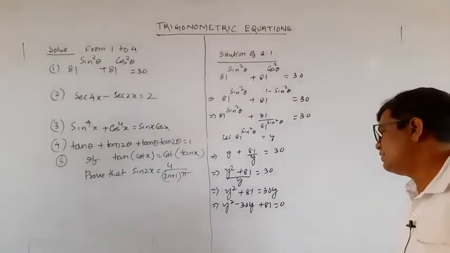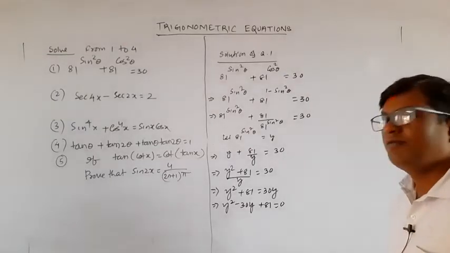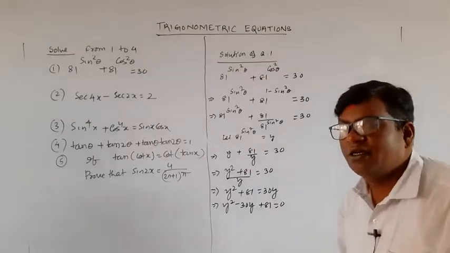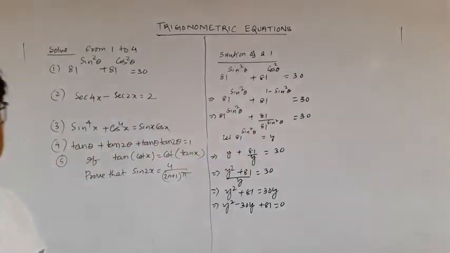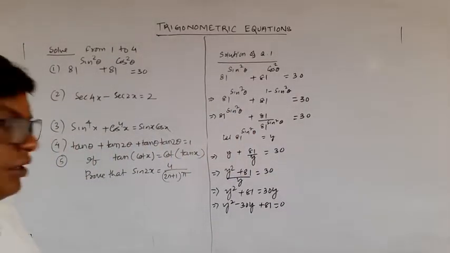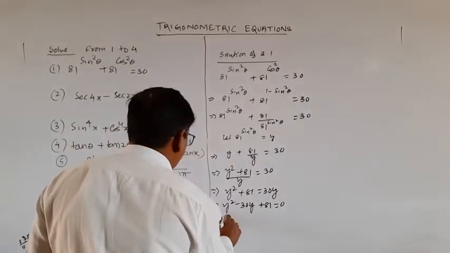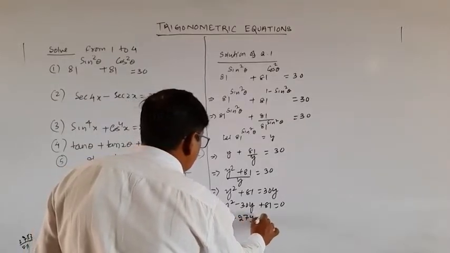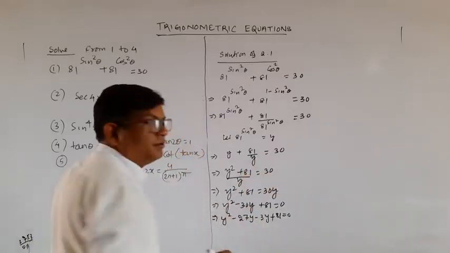Now factorize this. Find the value of y. This is 81 and this is 30. We can break it: y square minus 27y minus 3y plus 81 is equal to 0.